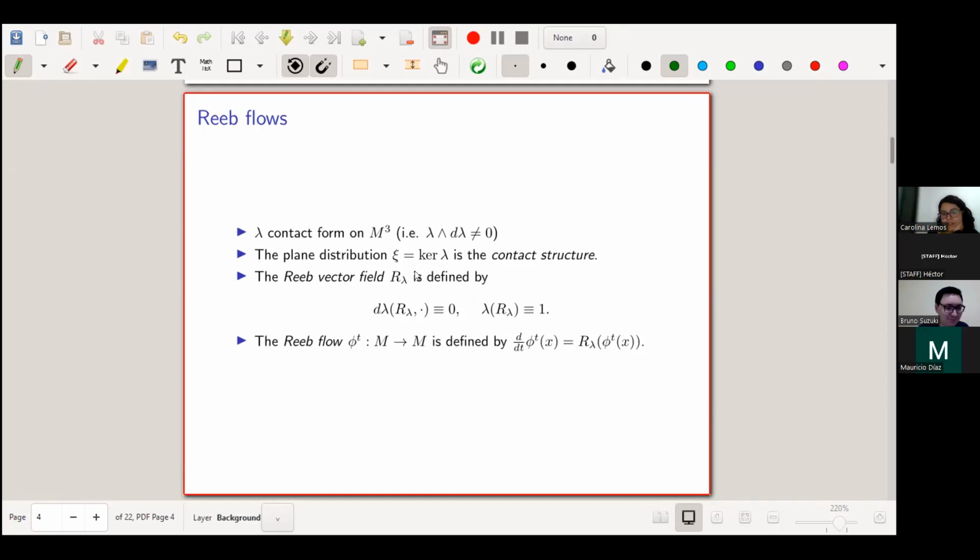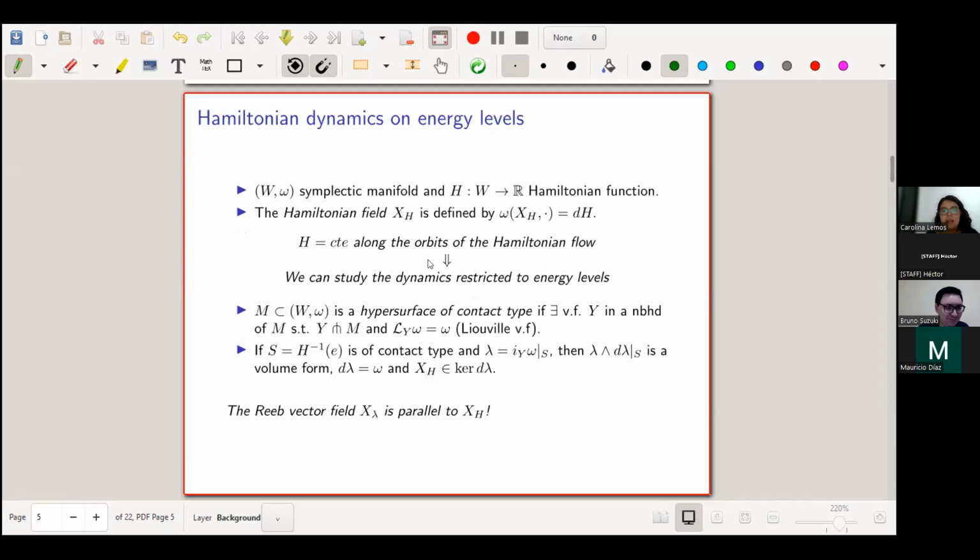Okay, so it defines one vector field called the Reeb vector field. And the Reeb flow is just the flow of this Reeb vector field. And it's intimately related to symplectic geometry and Hamiltonian dynamics.